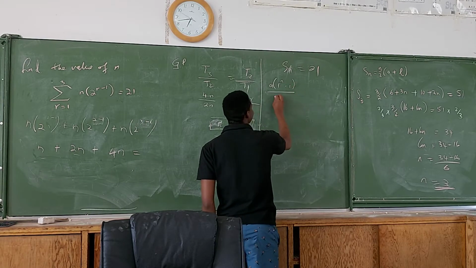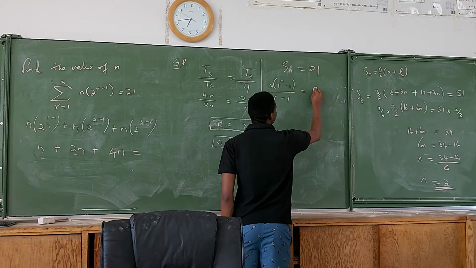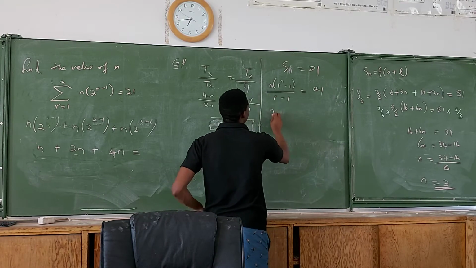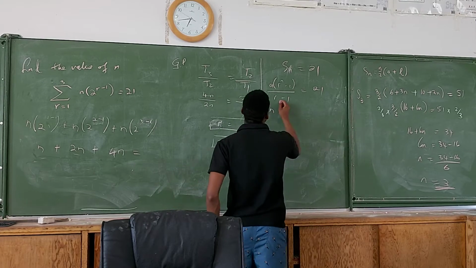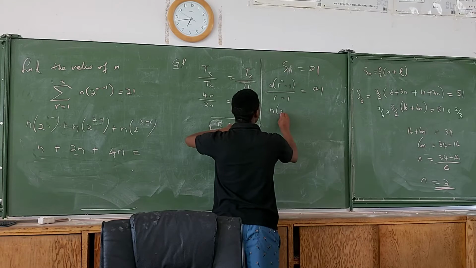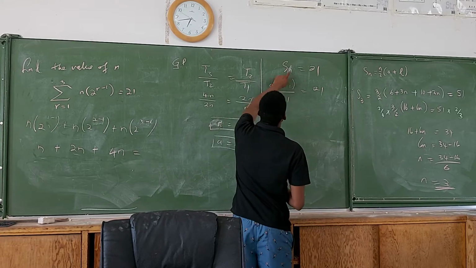Just for sure. Okay, go on. What is our first term? r is what? r is 2. Okay, and our n should also be something with an n.